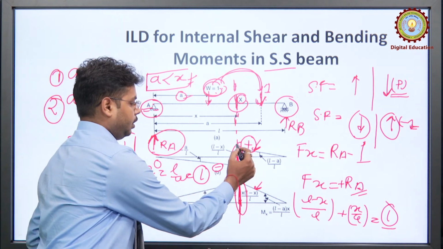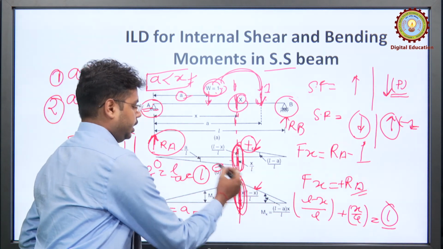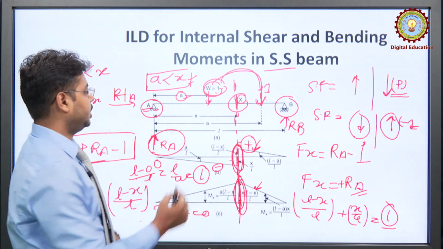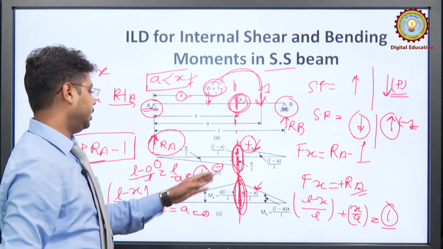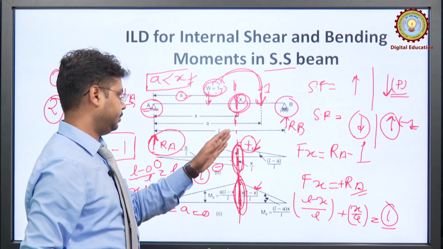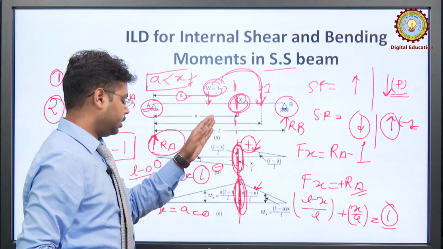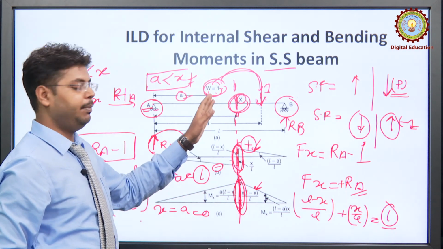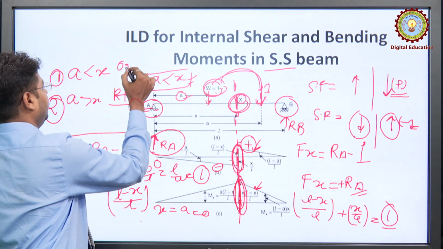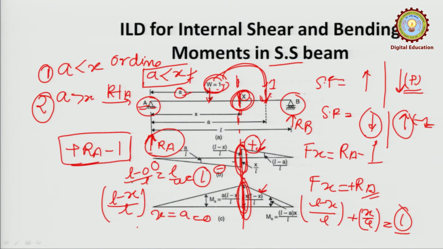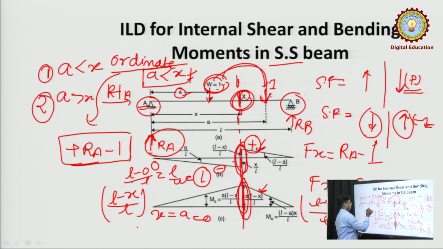So we can say that the sum of the ordinates at the section where we find the shear force and moment will always come unity.